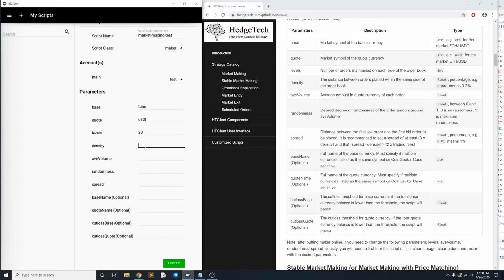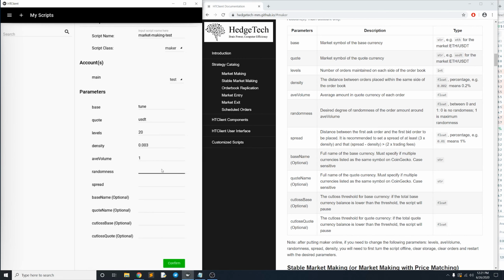For order density, I'm going to put 0.3%. This will define the difference in price between each order on a given side. Average volume, I'm just going to put something small, 1. It's the average volume in quote currency that I want to place on each level.